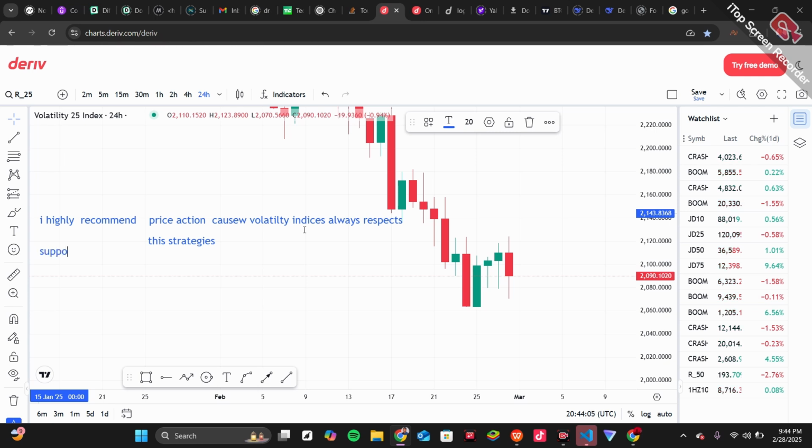The supports, support and resistance. Trend line. Demand and supply.